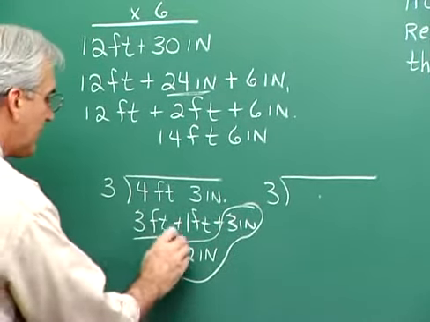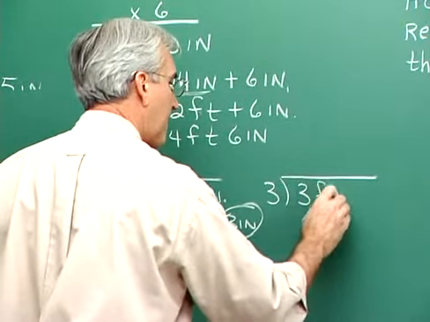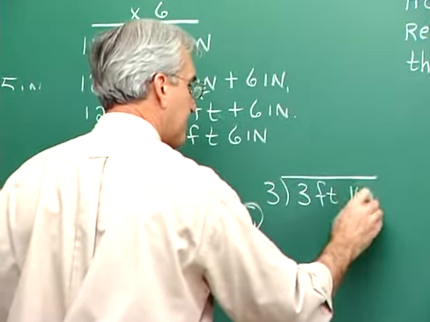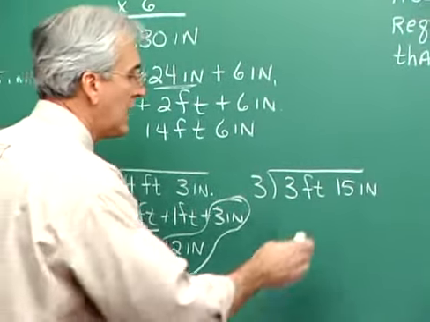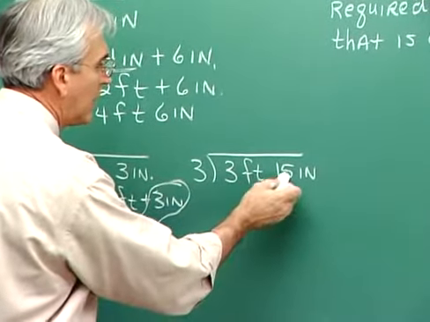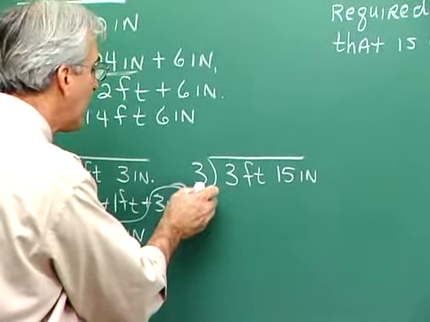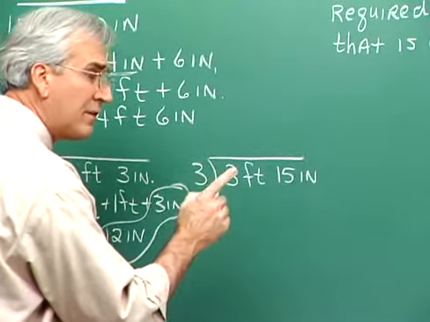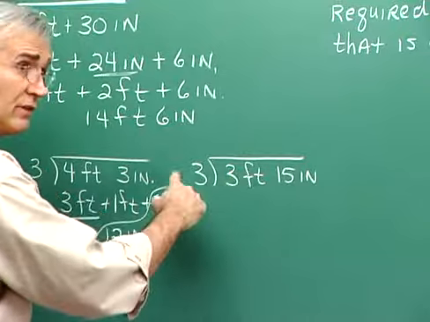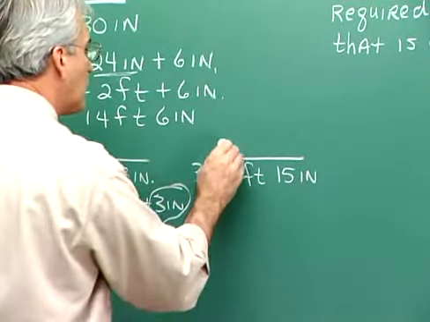So it's really 3 feet and 15 inches that we have here. And now we can go through the division process. Now, I don't really care whether it turns out that 15 is divisible by 3 evenly, but that won't always be the case. It's kind of important, though, that the larger unit be divisible by this divisor, whatever the divisor may be.